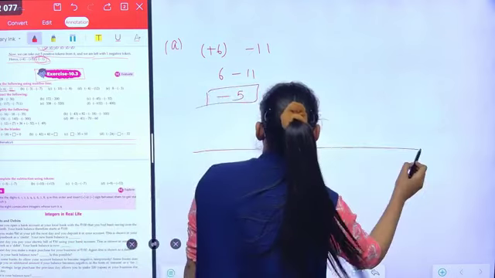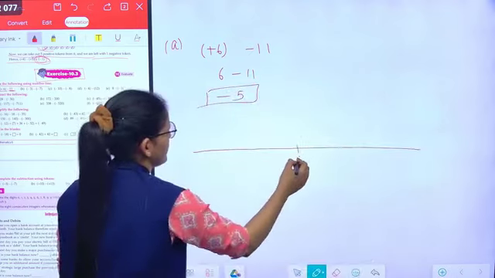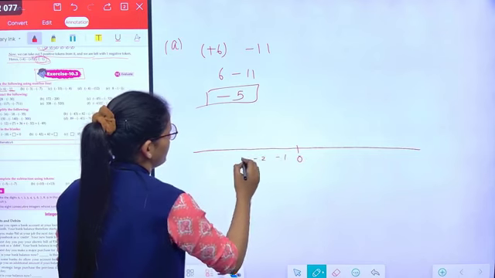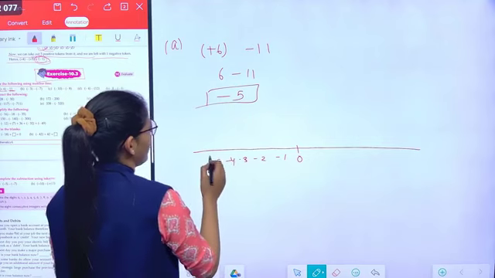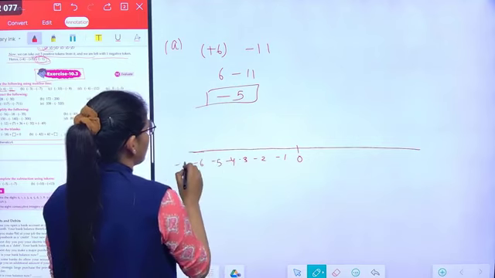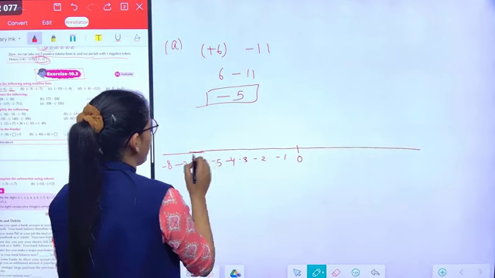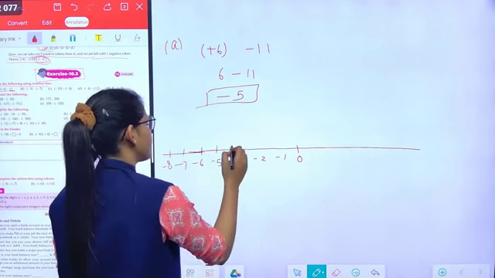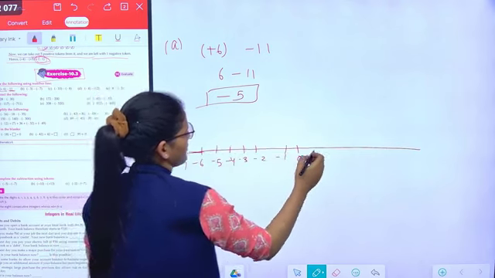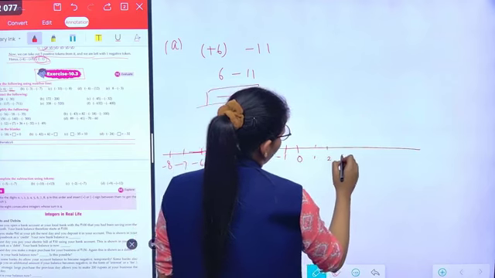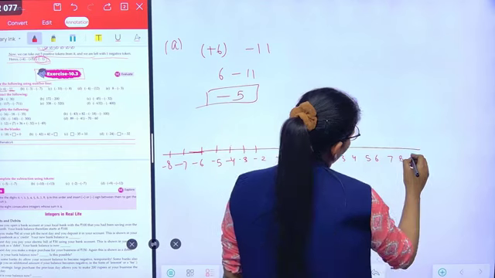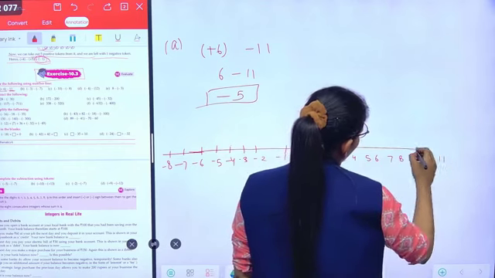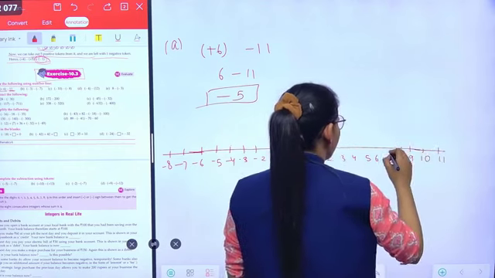We'll draw a number line. Now class, 0, 1, 2, 4, 5, 6, 7 and 8. Yes class, here.